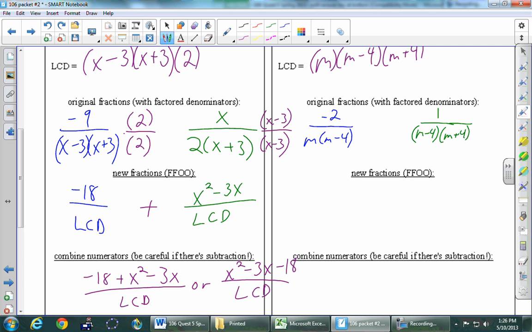Okay, what's missing in the first denominator? M plus 4, so we put it downstairs and upstairs in parentheses. What's missing in the second one? Just M. Top and bottom.